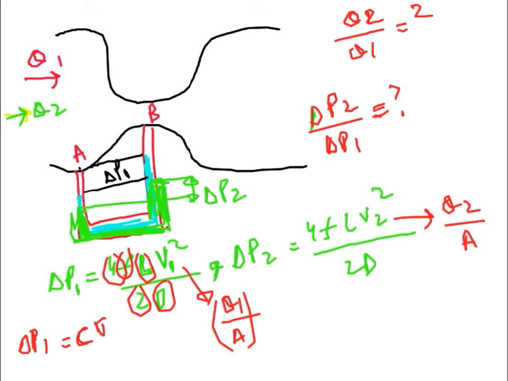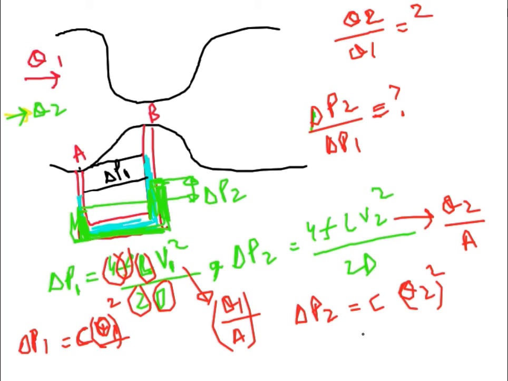V1 can be written as Q1 upon A, A square is again constant, that will combine with the C to make a new constant. So delta P1 is equal to C times Q1 square, and the same will be in scenario 2. Delta P2 will be some constant C times Q2 square.